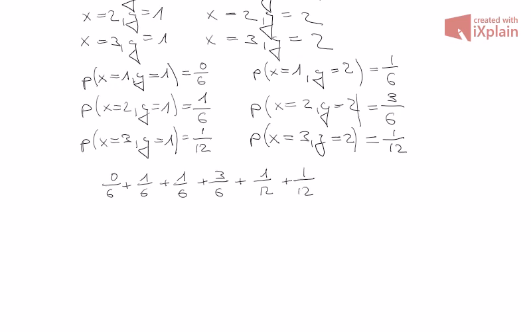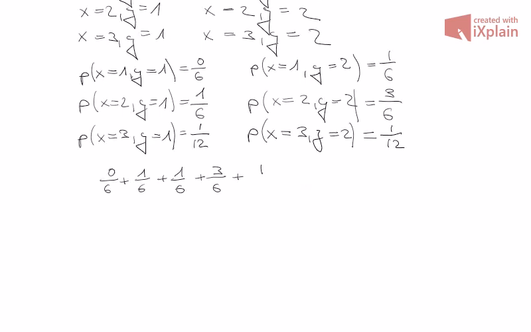So that's 2 over 12 here, so that's 1 over 6. And then we have 1 plus 1 plus 1, that's 3, plus 3, so we have 6 over 6. So we have distributed our probability mass over these cases.